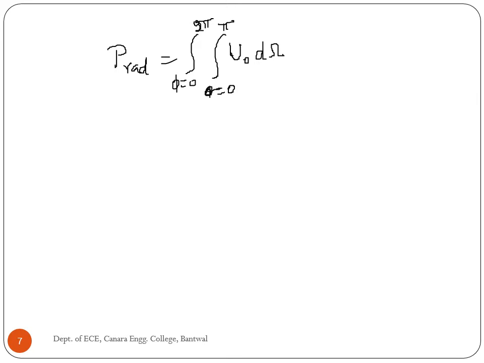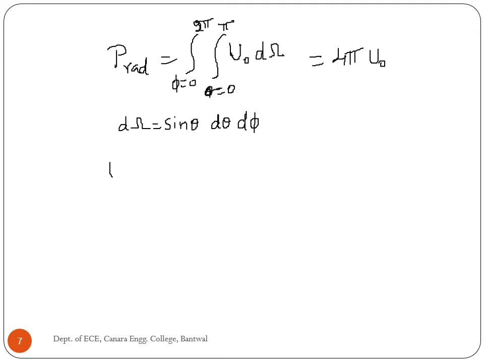Radiated power for isotropic source is given by the integral of the radiation intensity of the isotropic source, phi 0 to 2 pi, theta 0 to pi, which is equal to 4 pi u naught, where d omega is equal to sin theta d theta d phi.